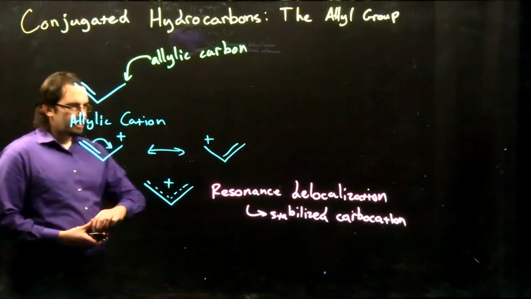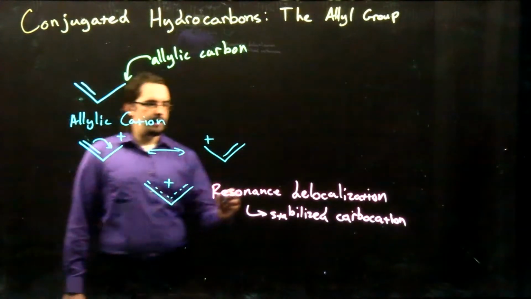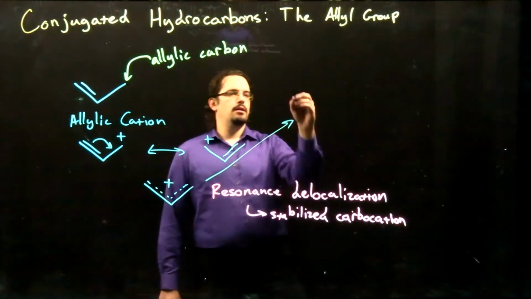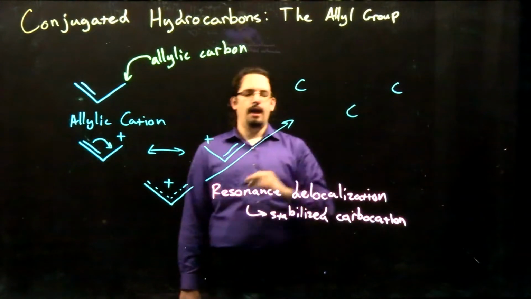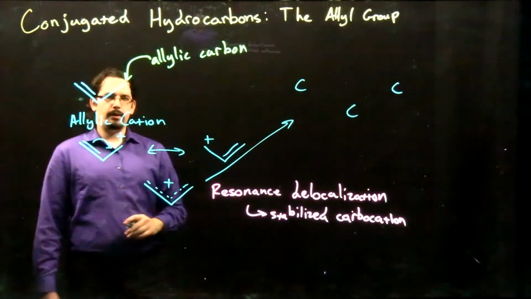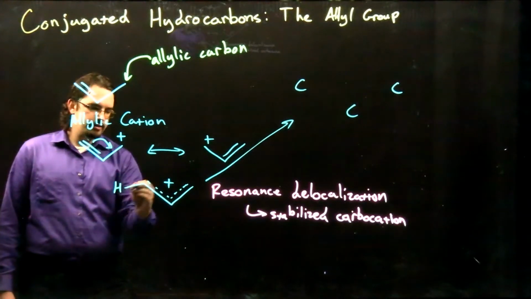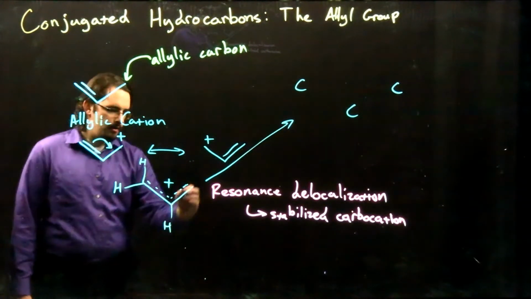Now, of course, if we look at this system using our valence bonding model, we would have our three carbons, and each of our carbons is going to have three groups attached, right? So we have hydrogens attached to each of our carbons.